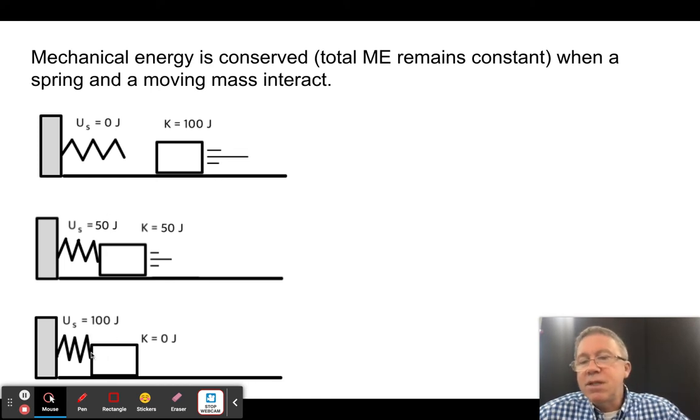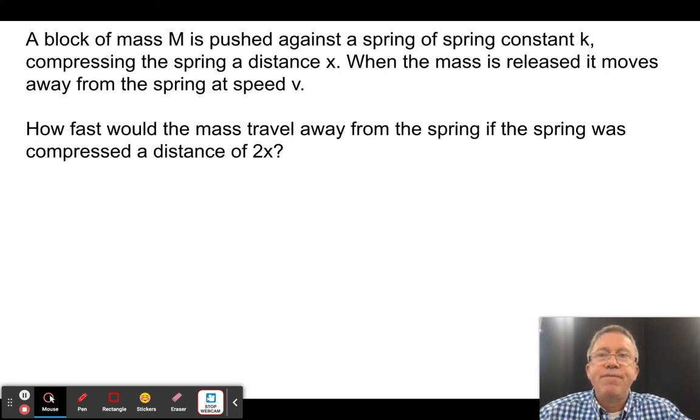Now, when this gets completely compressed, this kinetic energy goes to zero. It's not going to compress it anymore. It lost all of its 100 joules of initial kinetic energy. All of those 100 joules will now be present in spring potential energy, and then this will push it the opposite way. This will go to zero, and this will go to 100. Energy is conserved as long as there's no external work by a spring.